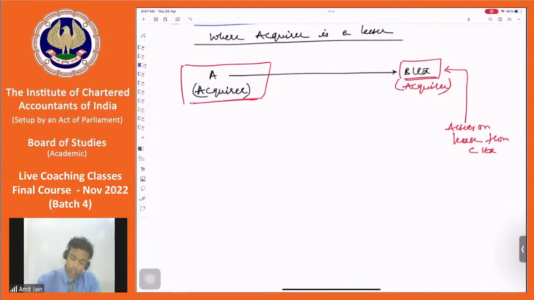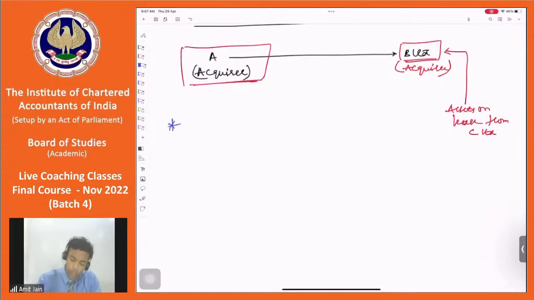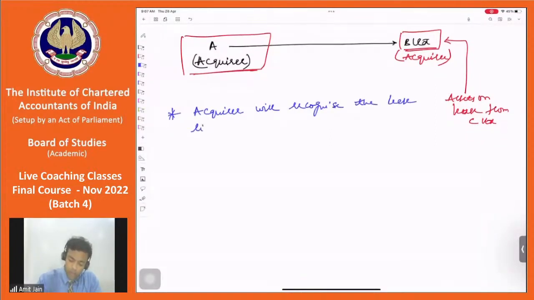In this case, the acquirer will recognize the lease liability as the present value of future lease liability.